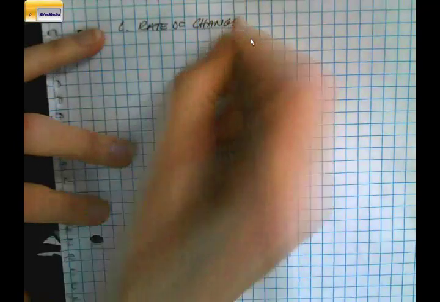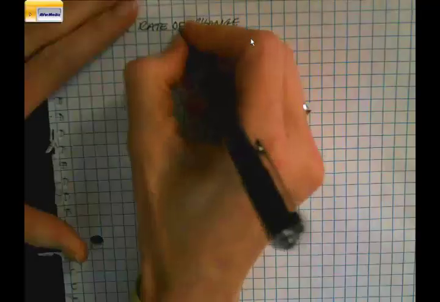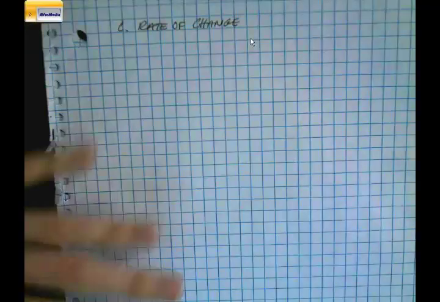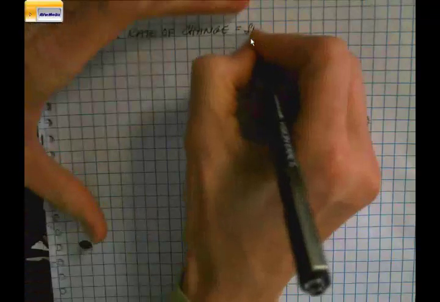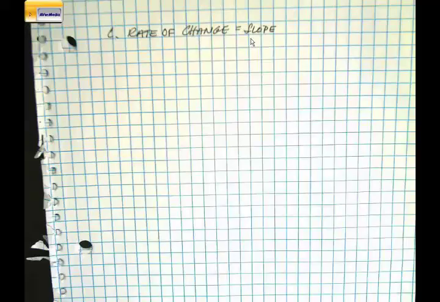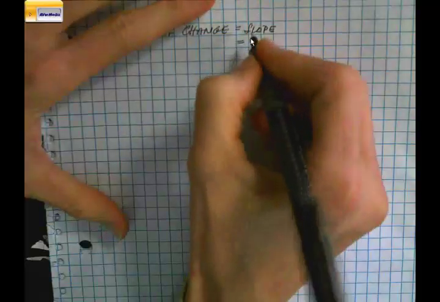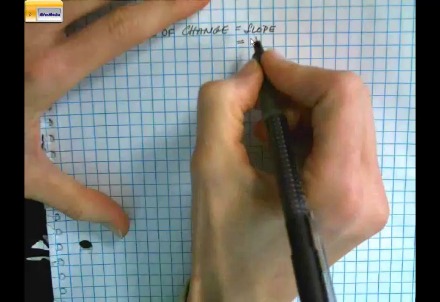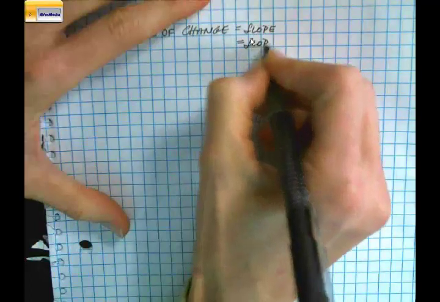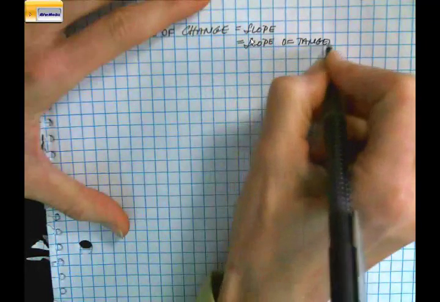Rate of change is really equivalent to slope, which now in calculus is going to evolve into the slope of your tangent line at a point.